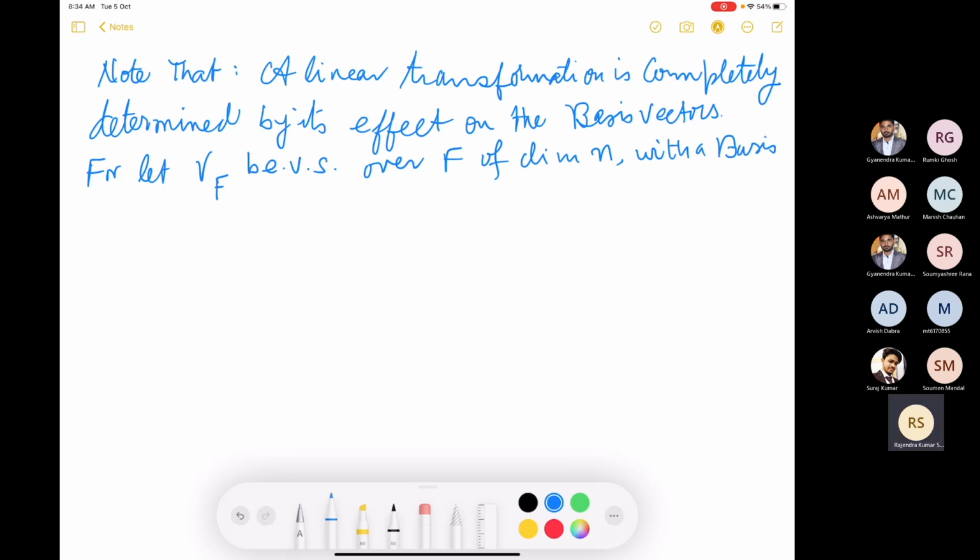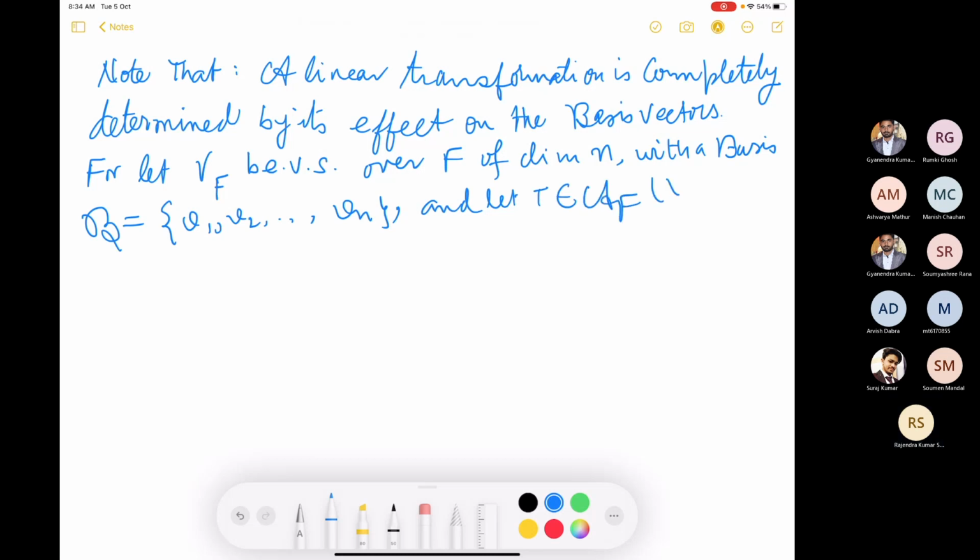Let us take the basis B, v1, v2, up to vn, of V over F. And let T be a linear transformation of the vector space V over F. Now to know T, that means we want to know vT.